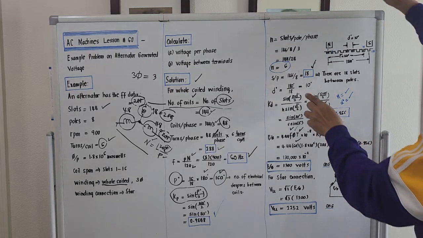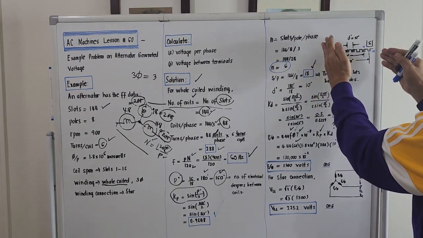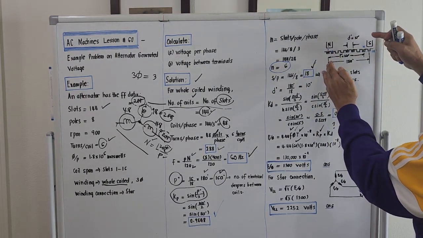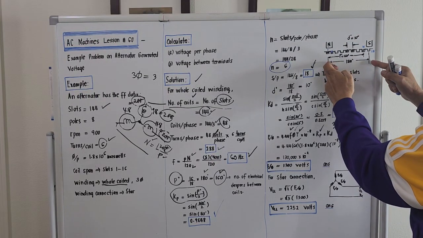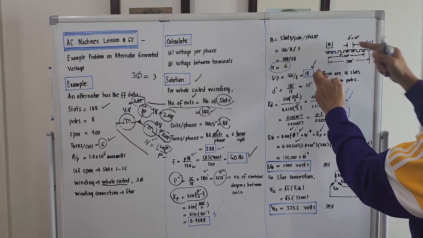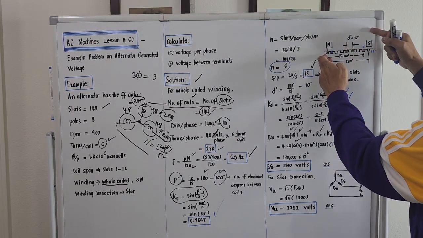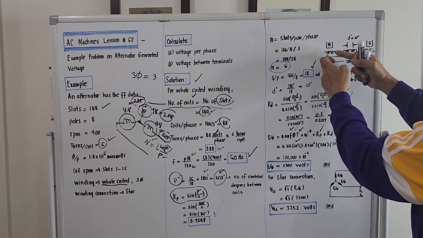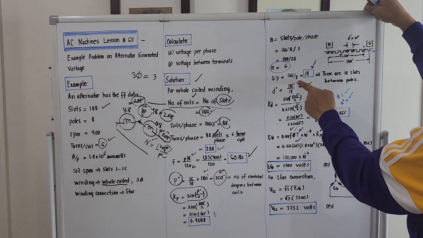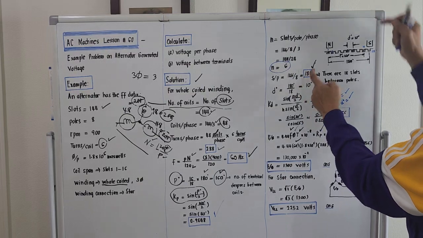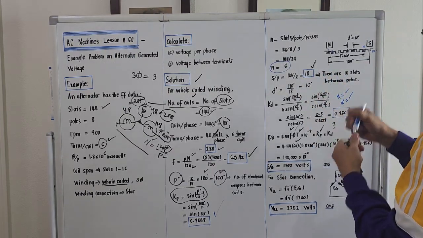Between North and South Pole, there is 180 degrees, right? And there are 18 slots accommodated between North and South. So the total electrical distance between slots will be 180 over 18, so it will be 10 degrees.